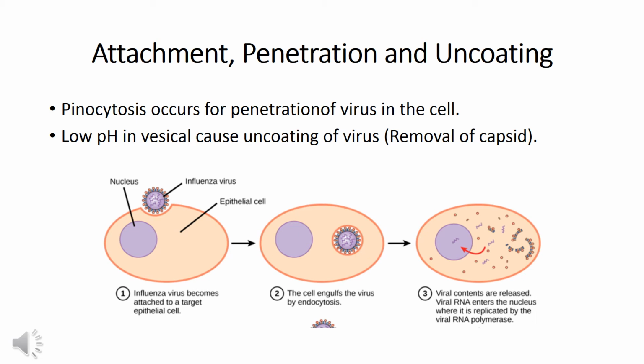This free genome of the virus undergoes the formation of mRNA, because protein synthesis occurs through messenger RNA. So the importance of messenger RNA formation is very great. There are two important points. First, pinocytosis is actually the penetration of the virus, and another is uncoating due to low pH.